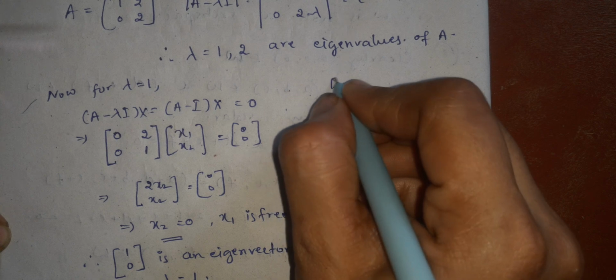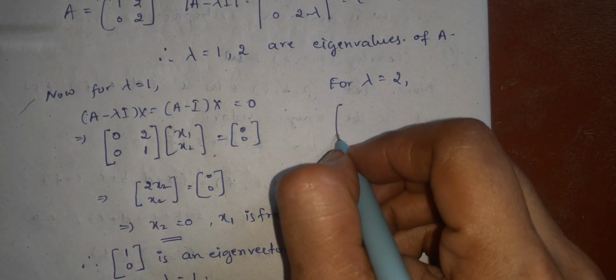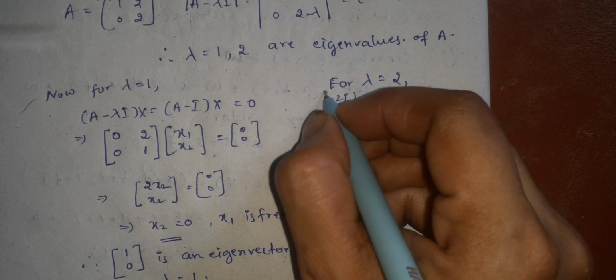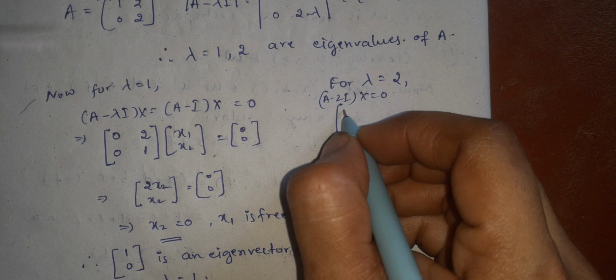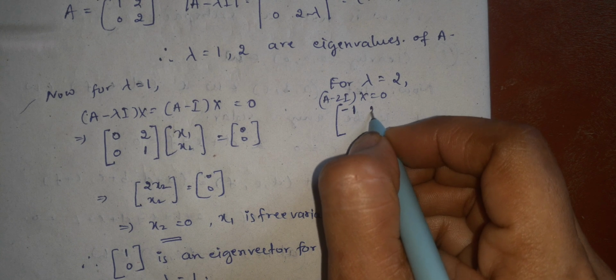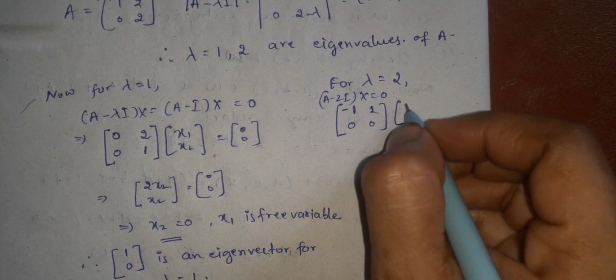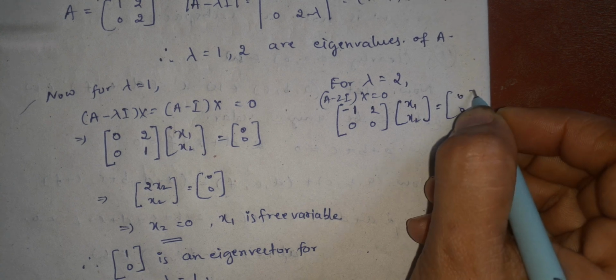Now for lambda equal to 2, (A minus 2I) x equal to 0. Here 1 minus 2 is minus 1, so the matrix is [minus 1, 2; 0, 0], into (x1, x2) is equal to (0, 0).